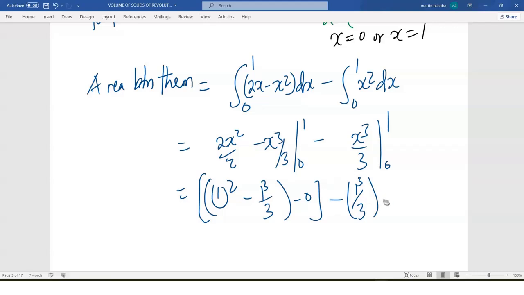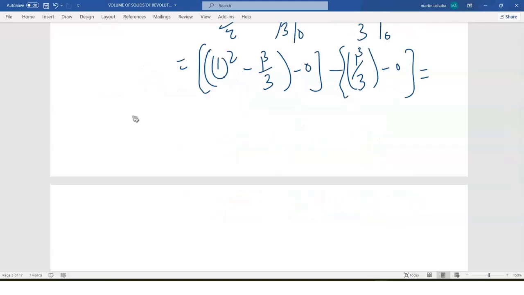Of course, that was 1 cubed minus 0. So what is this going to give us? The area will therefore be 1 minus 1 over 3 minus 1 over 3.